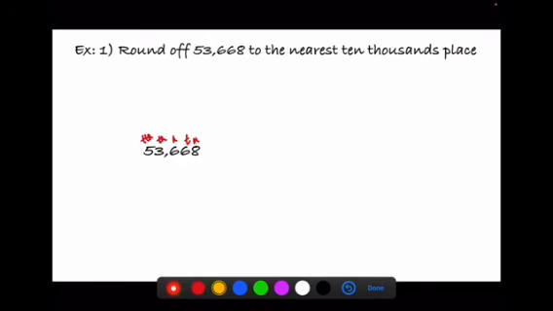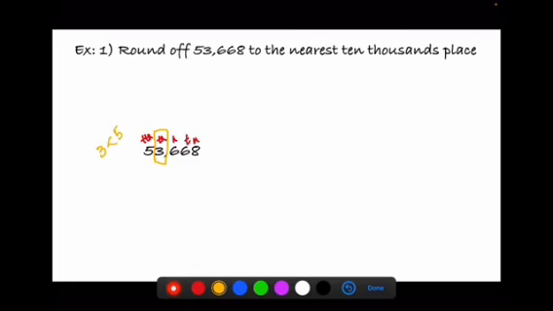As the rule says, when we are talking about rounding off a number to its nearest 10,000s place, then we have to consider the thousands place and we have to check whether it is less than 5 or equal to or greater than 5. Now 3 is the digit that we need to consider. 3 is less than 5.